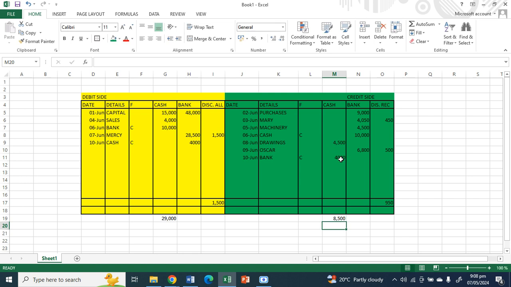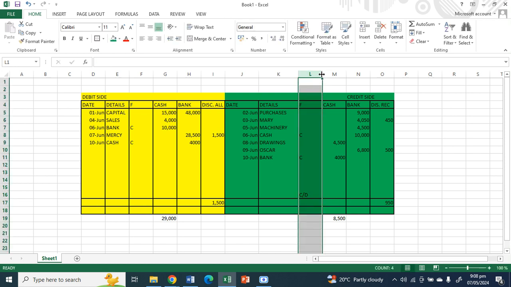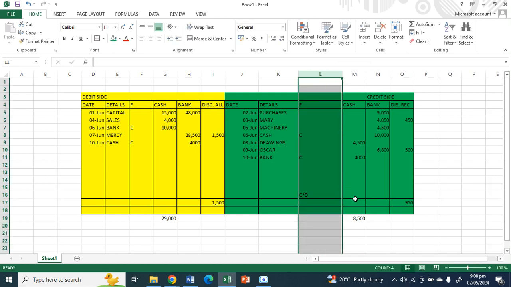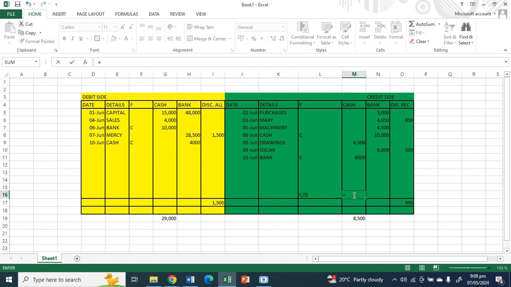So our balance carried down on the cash side is going to be 29,000 minus 8,500, 20,500. Then the balance brought down on the next month for the cash book is 20,500.